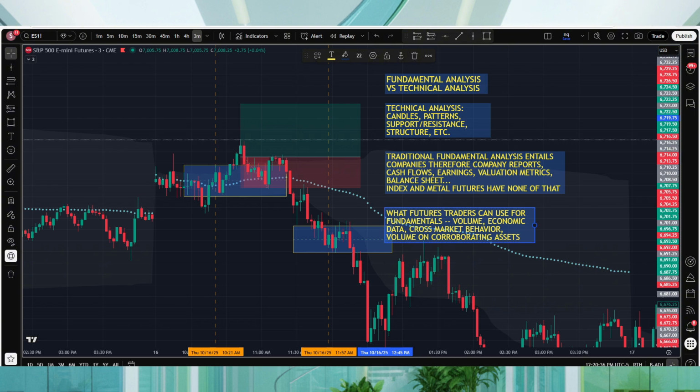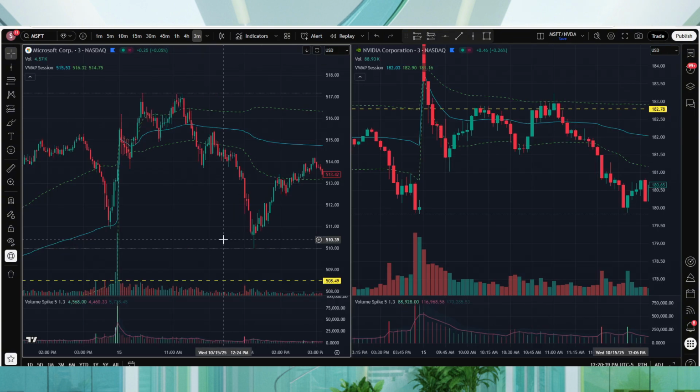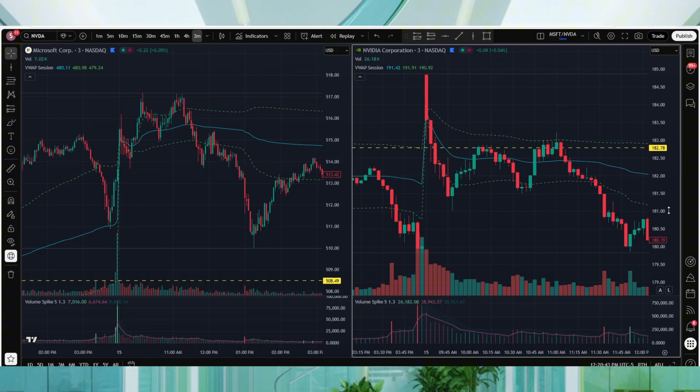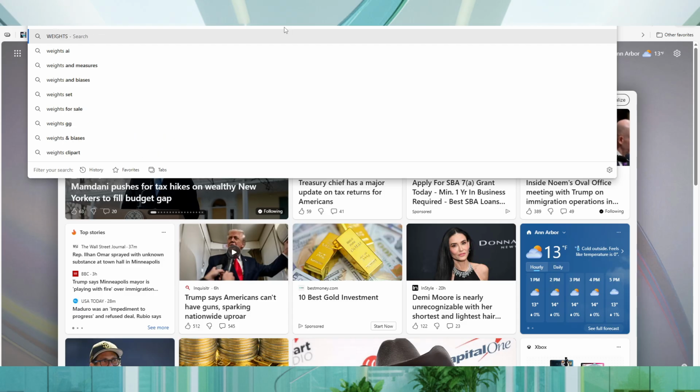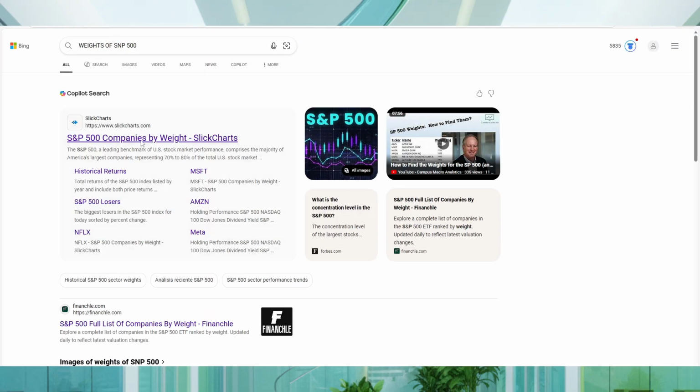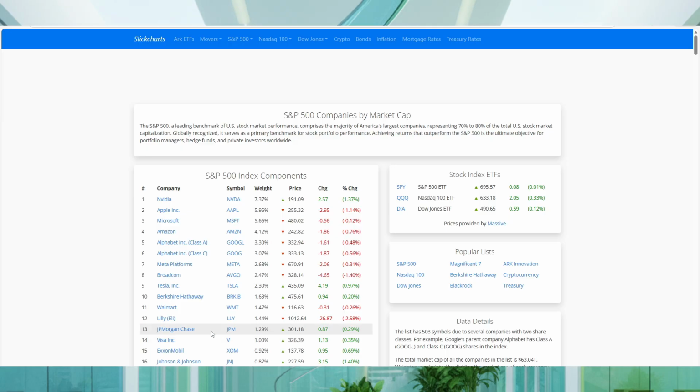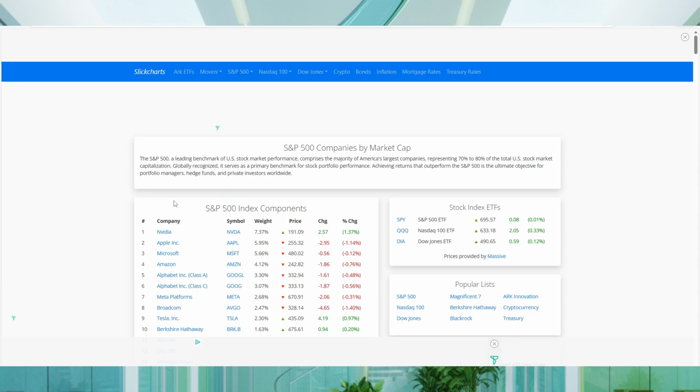And so to generate corroborating assets, we have to look at the weights of these indices, right? So in terms of the weights, NVIDIA is number 1, Microsoft is number 3. I have not found very good evidence on Apple.